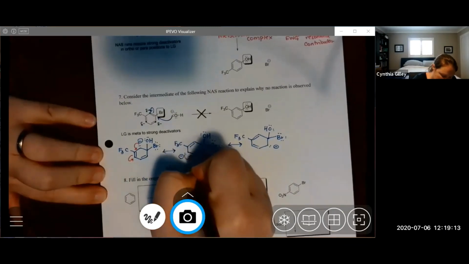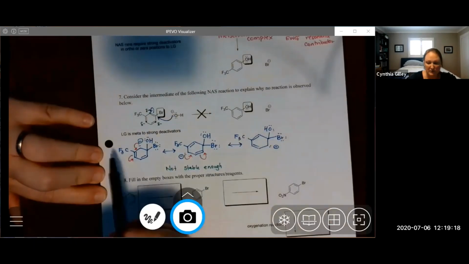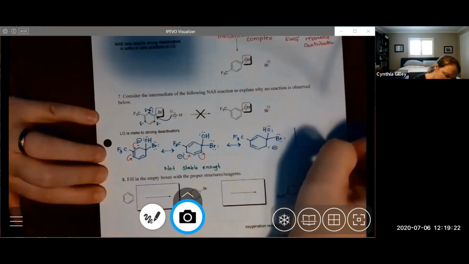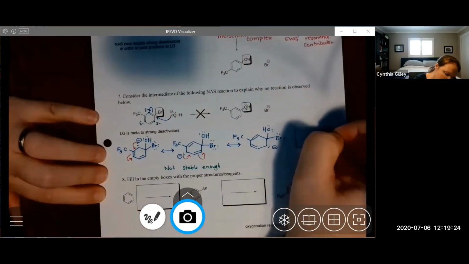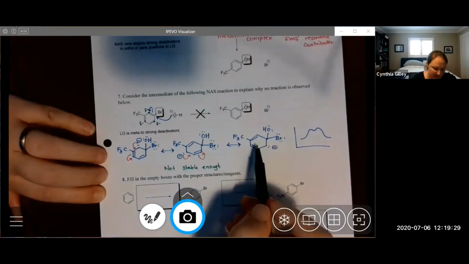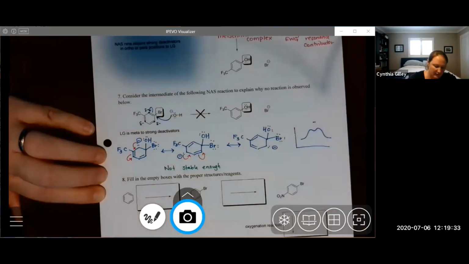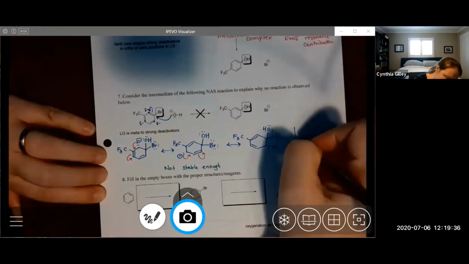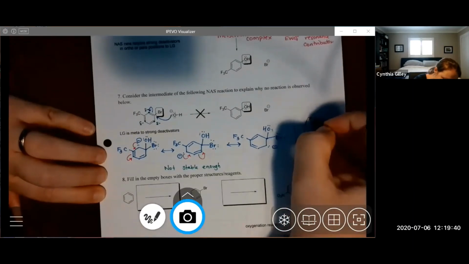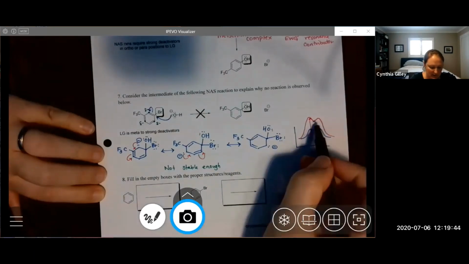So what does that mean? The energy diagram for this reaction would be similar to an electrophilic aromatic substitution reaction. You'd still get the two humps, right, for the reaction. But if this isn't stable enough, the intermediate energy is up here, and it just has to climb too high of an energy gap, okay, to get up to this less stable intermediate.